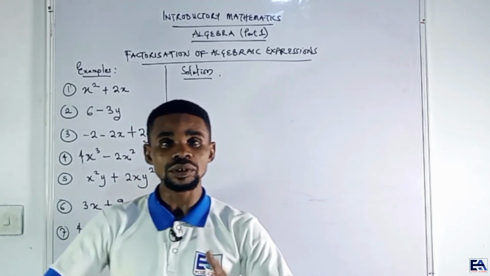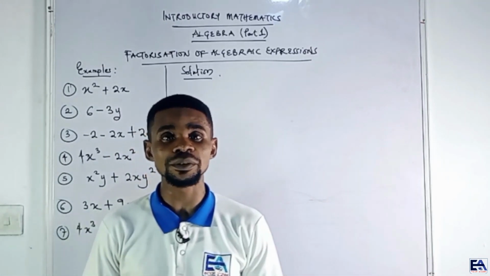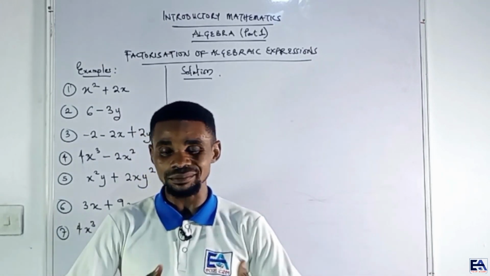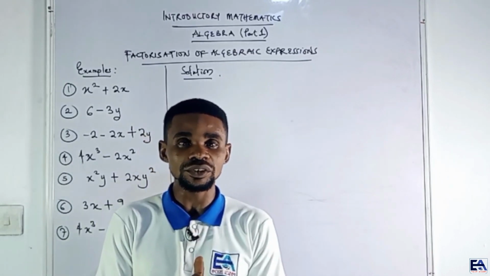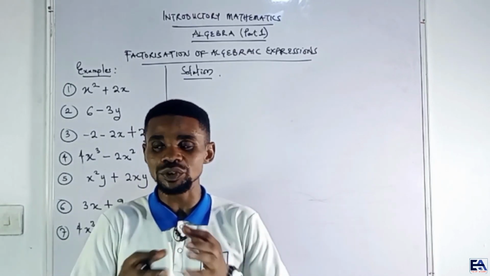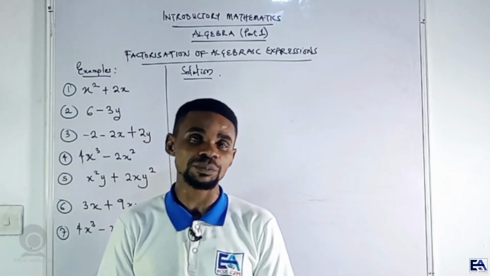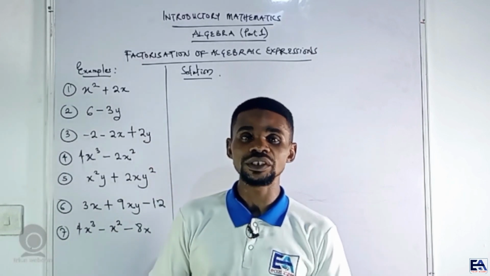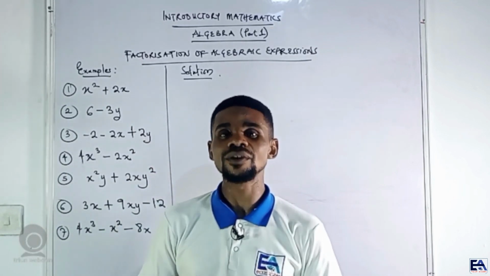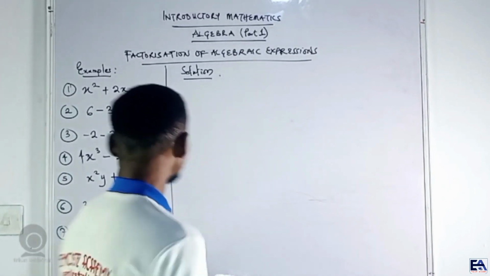Expansion will lead to a wider scope of terms. It leads to creation of more terms for an expression. But factorization will make it more compact. That is, we just have only a few terms per expression. So we are going to see all of this as we move into these examples. All right, enjoy with me.